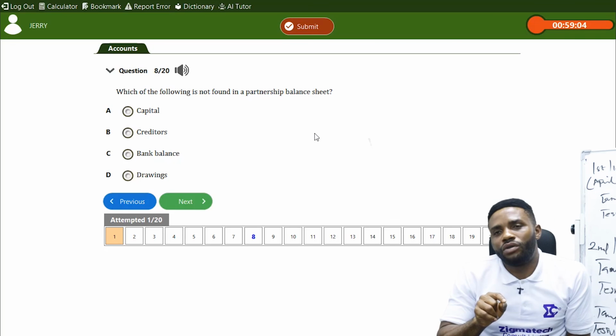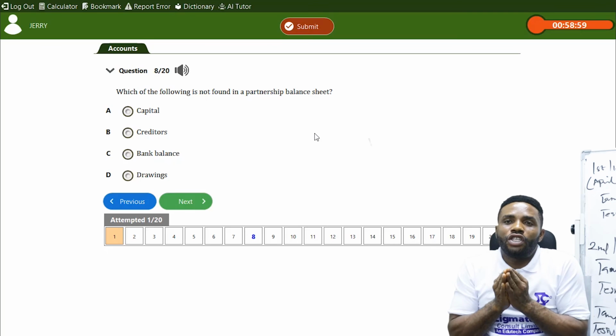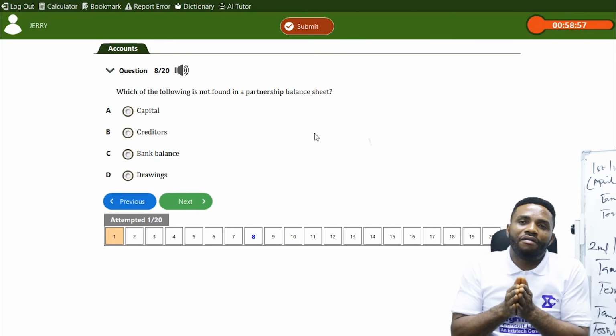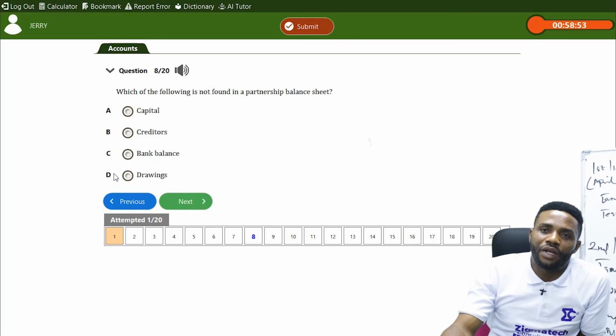The capital balance is going to show you how much each of them will be taking. So you will have both capital and current accounts. What is not going to be there anymore is drawings.